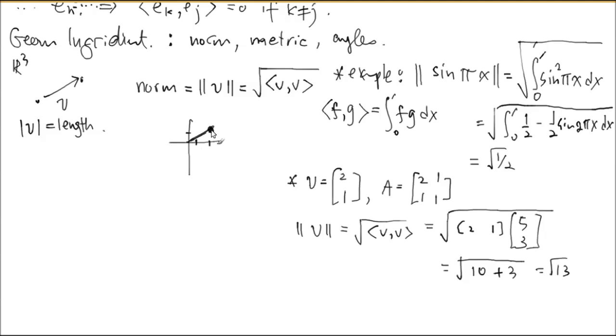That position, that length is now reassigned according to this metric 2, 1, 1, 1, right? What is the length of this one? The new length assigned is √13. That is a new space created. That's the norm, the first ingredient right out of this inner product space.